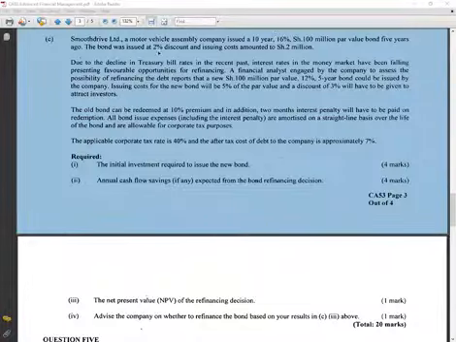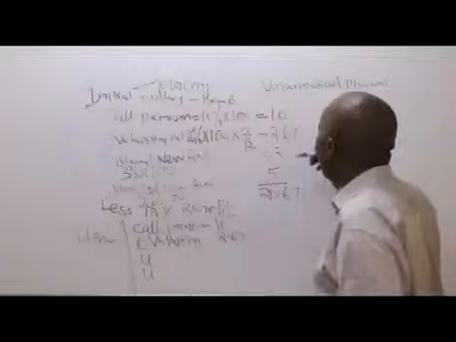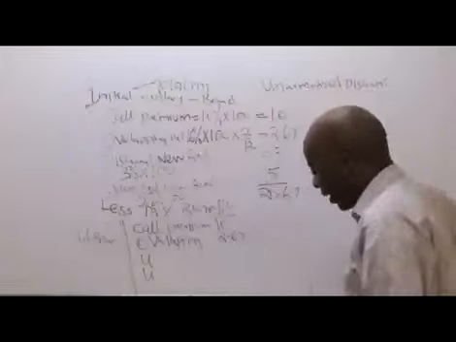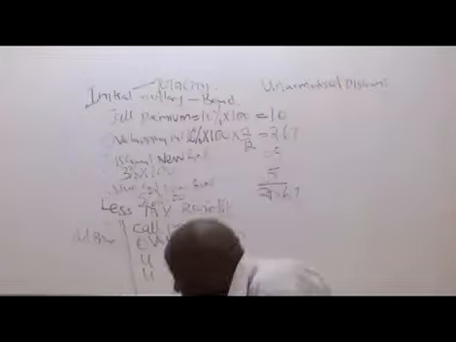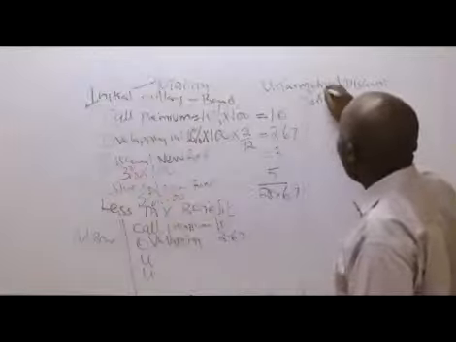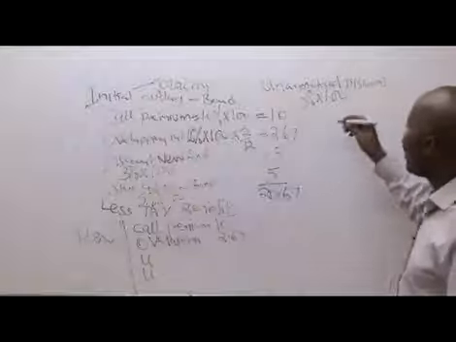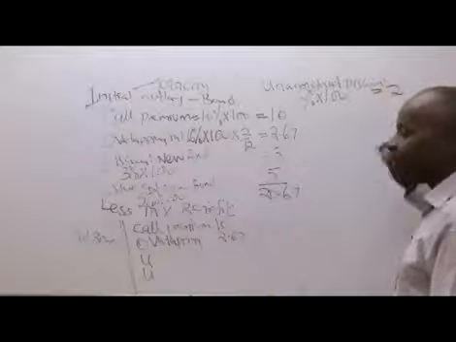And the bond was issued at what discount? 2% discount. It is 2% of the par value, which is 100. So 2% of 100, that gives us what here, somebody? 2.